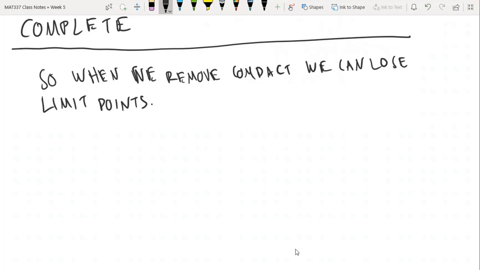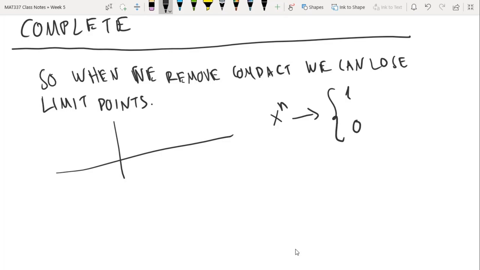I had some nice examples, but you want something that, let's see, maybe like x over n, and then something weird happens where this converges to the step function 1, 0. Yeah, let me try to find some nice examples.